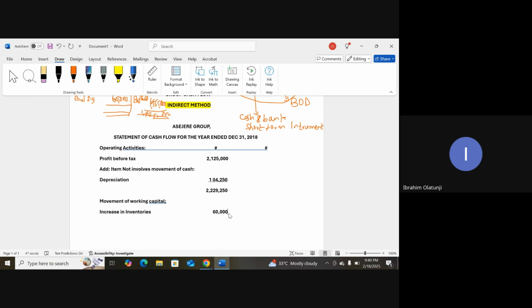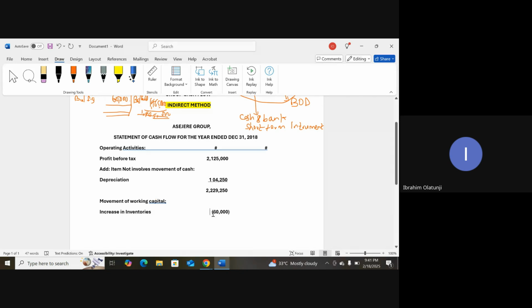But the rule that we want to take now is that since your inventory is increasing, it means that you are pumping more money to procure more inventory. It means that your money is going out. You have to put it in brackets. As your inventory increases, the money that you are using to procure that inventory is going out of the business.